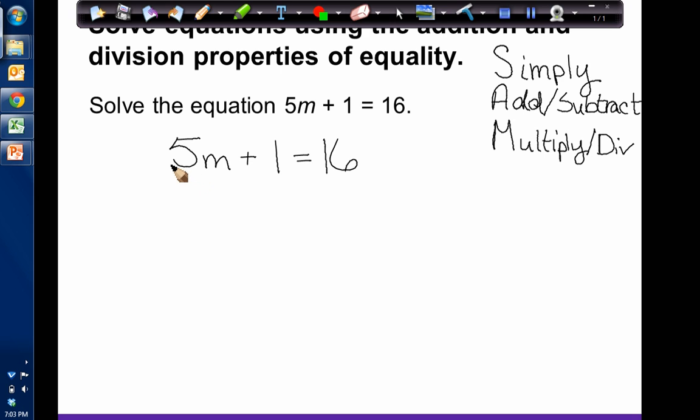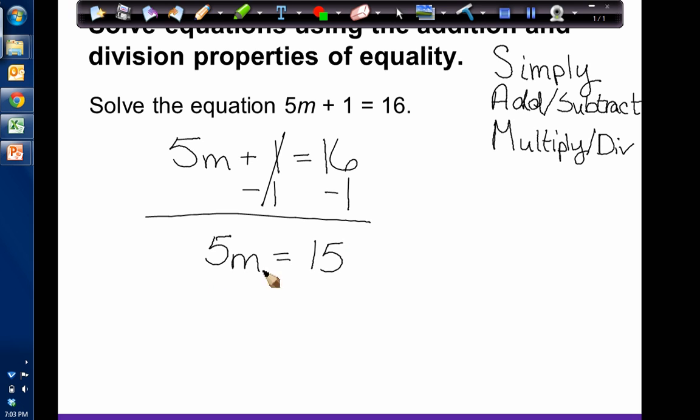We're going to keep the 5m, but we want to get rid of this plus 1. So we can subtract 1 because subtracting is the opposite of adding. We add a negative 1, that makes the plus 1 cancel out, so we can get 5m by itself. And over here we have 16 minus 1, that is 15.